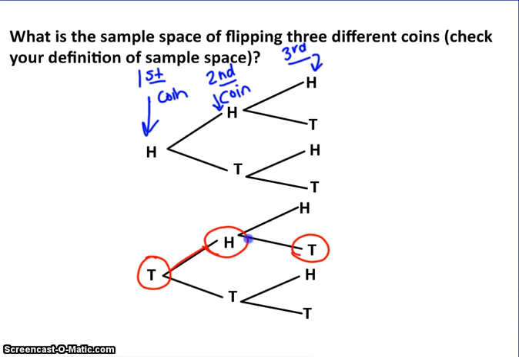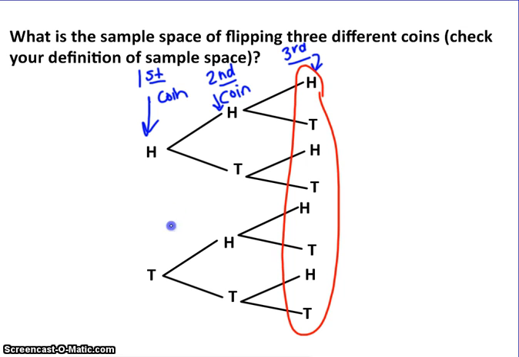So this would be your outcome if that was the case. So there are a total number of 1, 2, 3, 4, 5, 6, 7, 8 total possible outcomes. You could have heads, heads, heads; heads, heads, tails; heads, tails, heads; heads, tails, tails; and those are the first 4. Then you could have tails, heads, heads; tails, heads, tails; tails, tails, heads; and tails, tails, tails. That would be the 8 total.